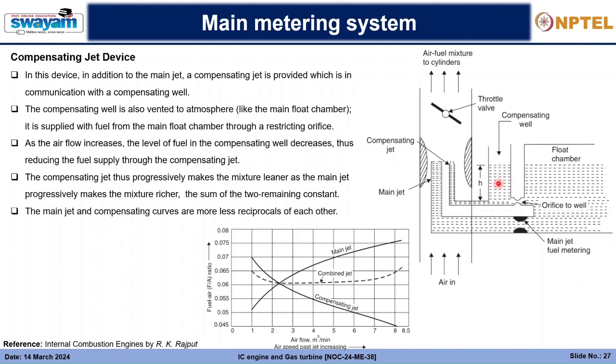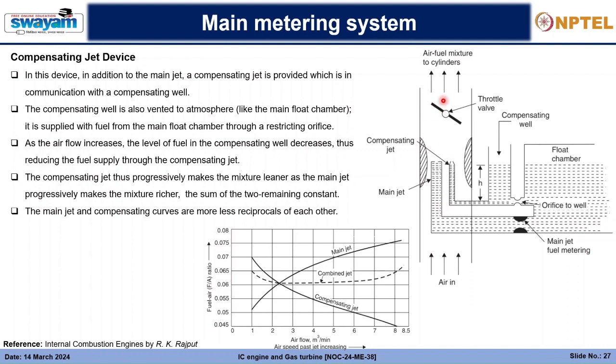In that case, the flow from the well depletes the liquid in the well, and the orifice is not able to supply the same amount to retain the entire volume of the compensating well. After a certain time, the compensating jet will not be able to supply fuel into this channel, but the main jet is able to supply the fuel, and accordingly you will have a leaner mixture.